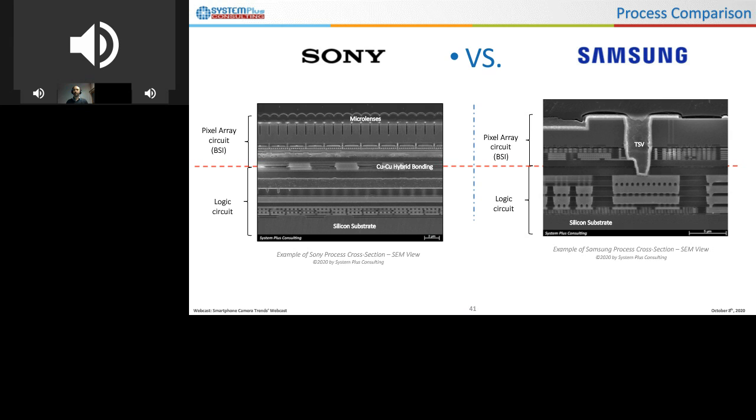On the left we can see the 3D stacked BSI, so backside illumination, with copper-copper hybrid bonding from Sony, where the microlenses of the pixel array are on top of the copper-copper connection. And on the right, the 3D stacked BSI with TSV from Samsung, where the photo has been taken outside the pixel array. On top of the red line, there is the pixel array circuit, and below there is the logic circuit.